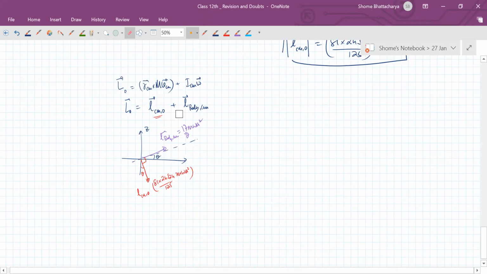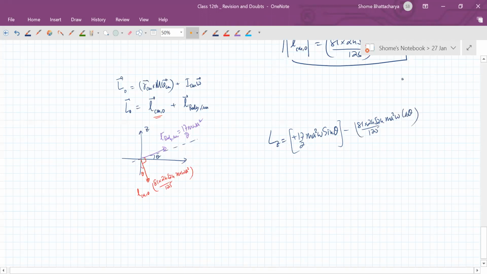Now we have to find the net angular momentum's z component. So it is going to be this one's z component plus this one's z component. This one will be plus 17 by 2 ma square omega sine theta, and this one has a negative z component of minus 81 into 24 root 24 by 125 ma square omega cos theta.